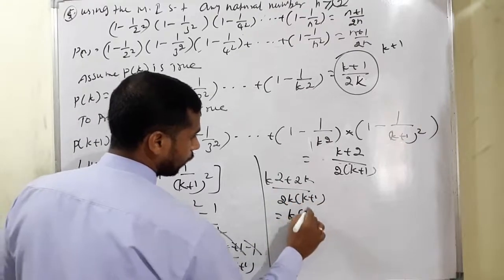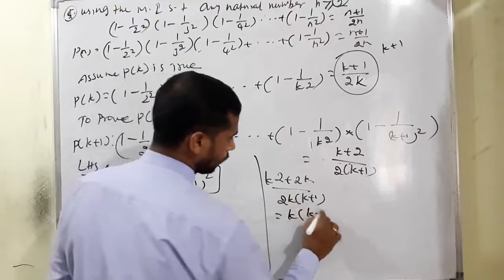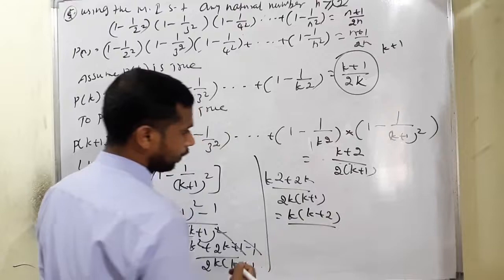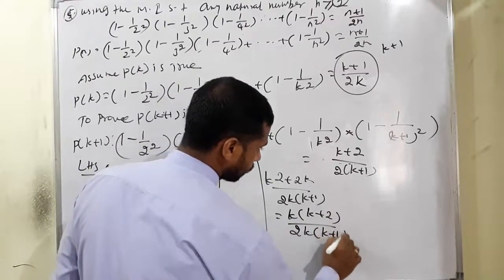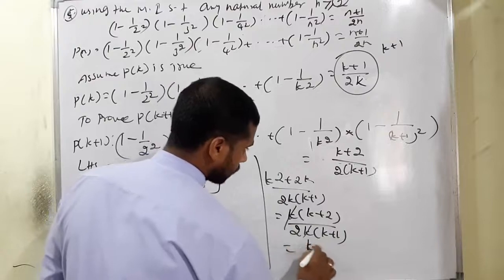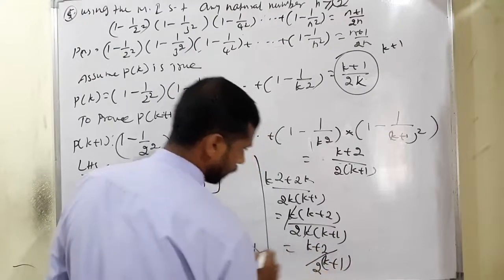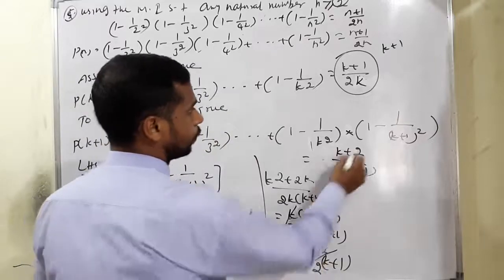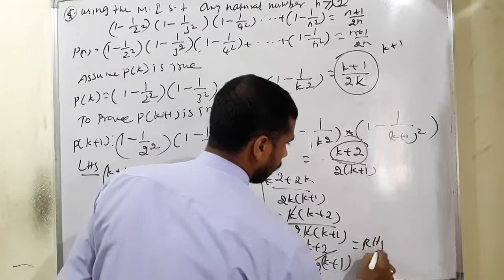Numerator, k take common outside, means k(k+2) divided by 2k times (k+1). Again k cancel means (k+2) divided by (k+1), and outside 2 is there, isn't it? Now look at there, k+2 over denominator 2 times (k+1). This is called RHS.